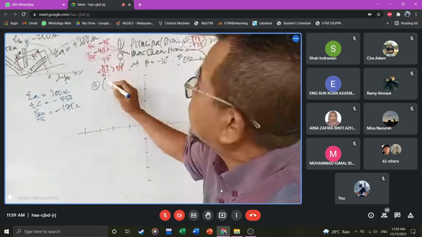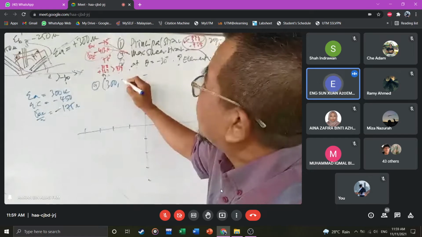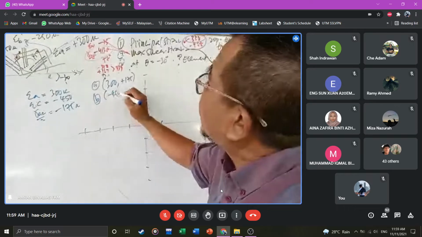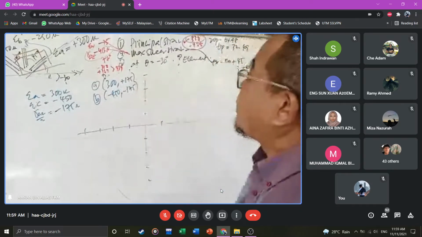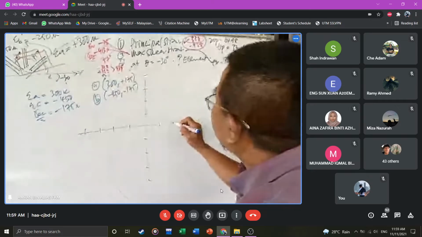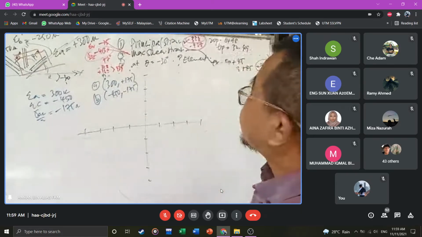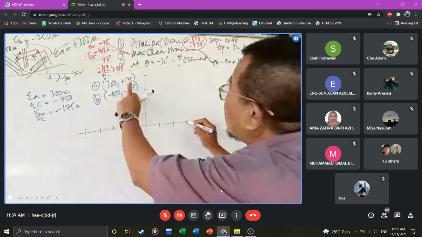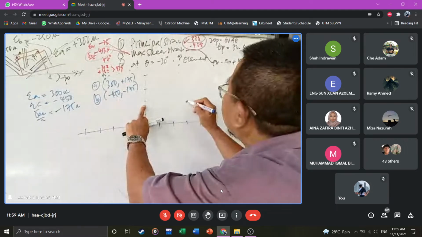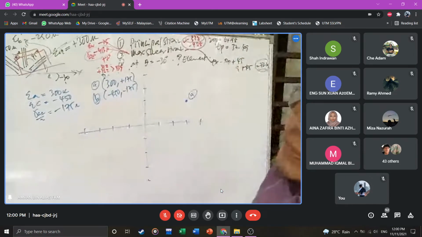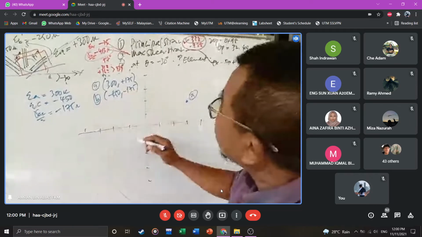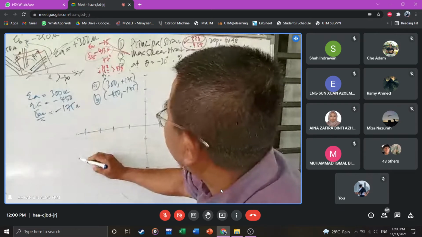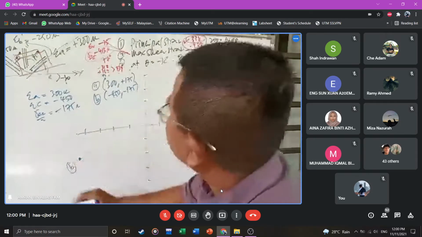The A value is 300 and positive 175. B value is minus 450, negative 175. Is that true? Yeah. 300 here, positive 175 there. That's your A position. And then B position, negative 450 there, negative 175 there. That's my B. Draw a line there.